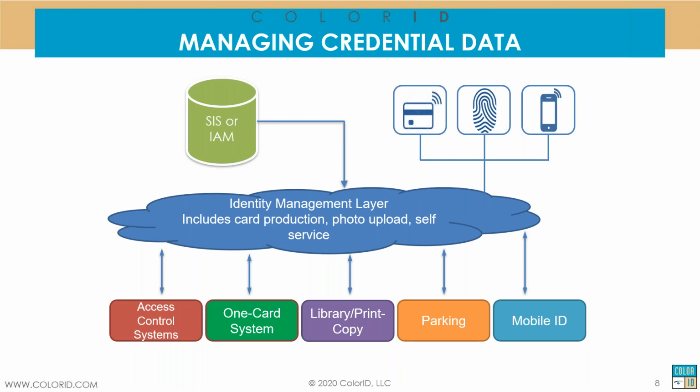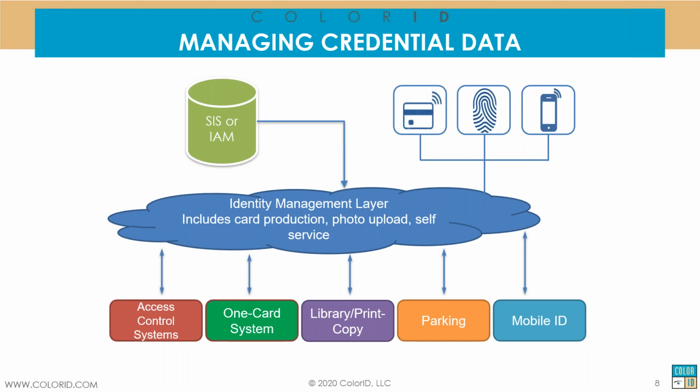And in this diagram, there is a kind of cloudy blue area there in the middle. And that is this layer which could manage identities. Any one of a number of different applications and databases could sit there. It takes data from the student information system or the identity and access management, or maybe half a dozen different systems.